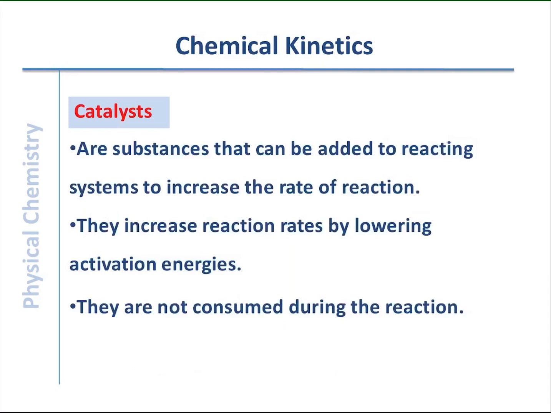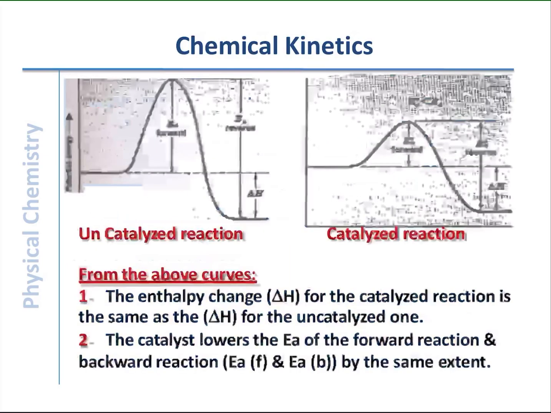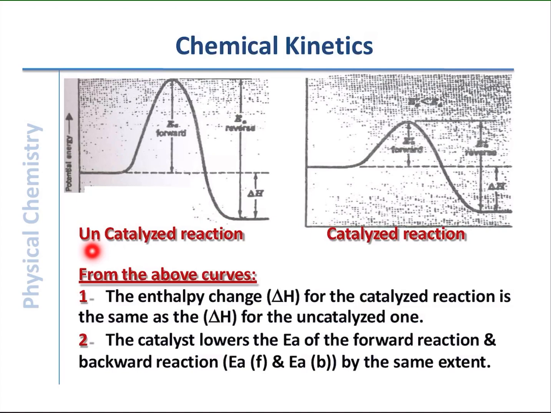So catalysts are added to the reaction to increase the rate of reaction. How? By lowering the activation energy. And they are not consumed during the reaction. Here's the difference between uncatalyzed reaction and catalyzed reaction.